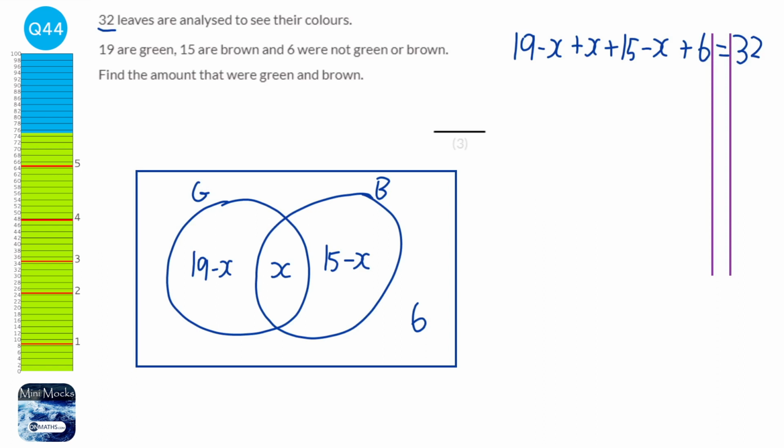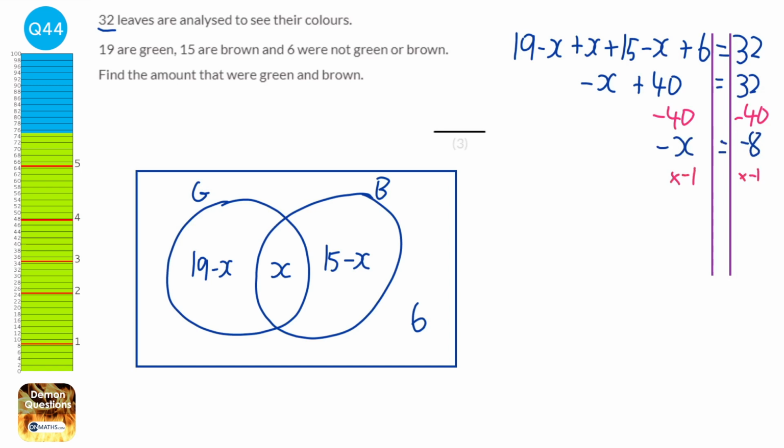So we've got minus X and minus X, so that's a minus X. And we've got 19 plus 15 plus 6, which will be 40, equals 32. We're going to take away the 40 both sides. And we can just times by -1 both sides to make them both positive.